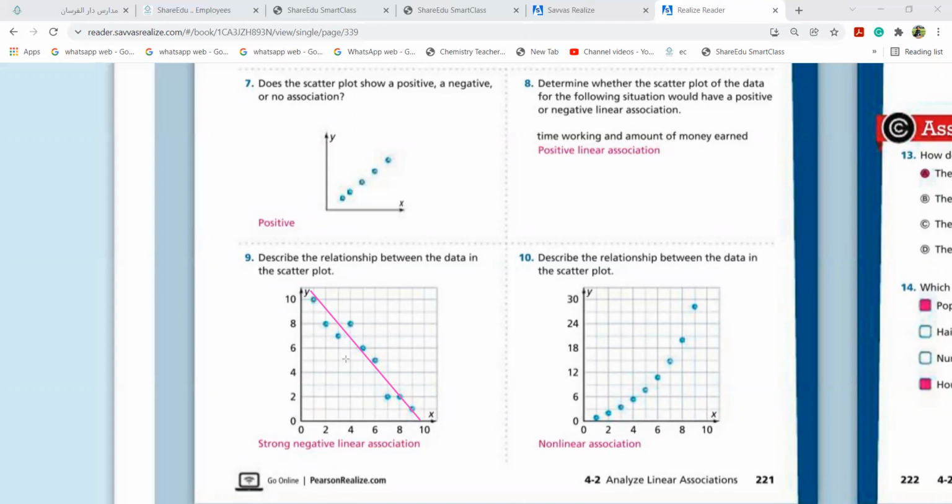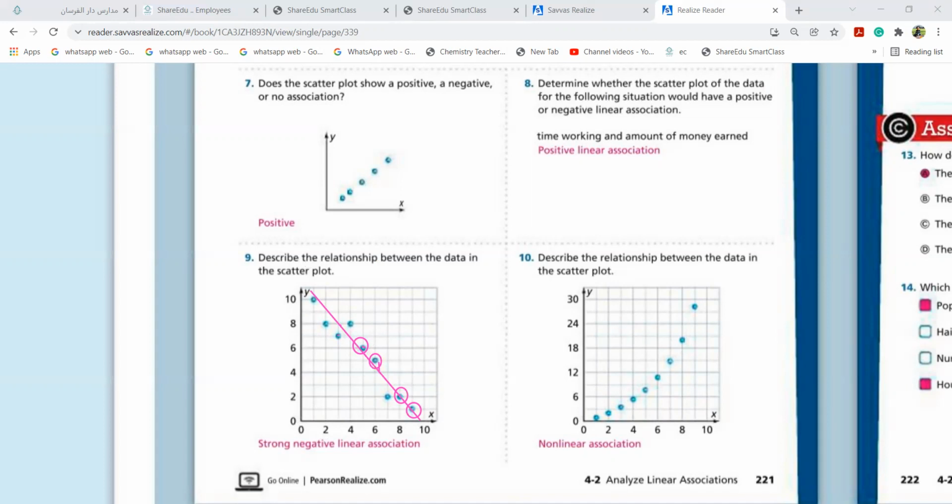Because most of the points, most of the plots, are in the middle, right? See, it's touching this. If I make a circle, there are so many, so that's why it's called strong. Negative because it is coming down. Linear because it's a straight line, and you write association.